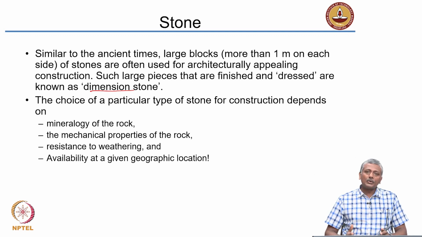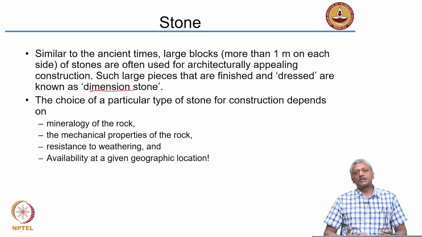So, how do you decide what type of stone to use? There are various factors that govern the choice of a particular stone for construction. First is the mineralogy of the rock. What is the geological type of the rock? Is it a granite? Is it a limestone? Is it a quartzite? Is it a sandstone? Now, for obvious reasons, you will also restrict the usage of the stone to what is available in the local area.